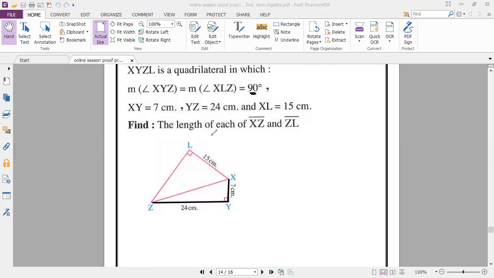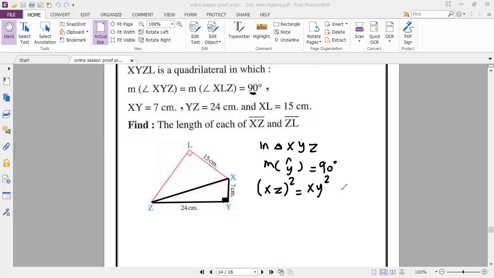Just determine the right angle, it's Y, and determine the hypotenuse. XZ is the hypotenuse. Because in triangle XYZ, measure of angle Y equals 90, XZ to the power of 2 equals XY to the power of 2 plus ZY to the power of 2.